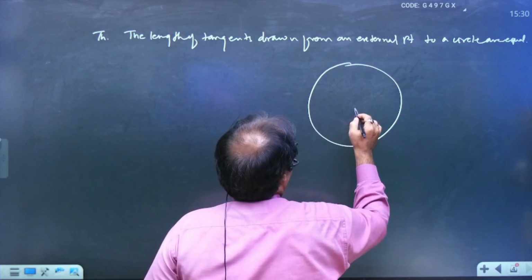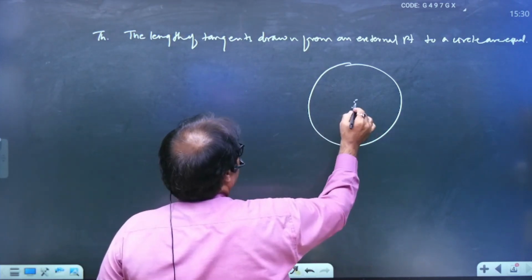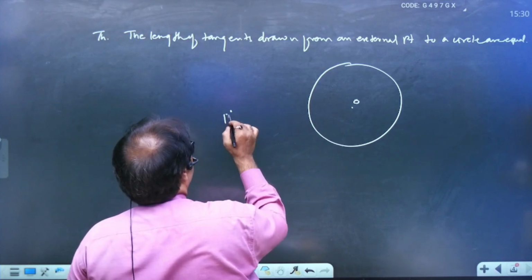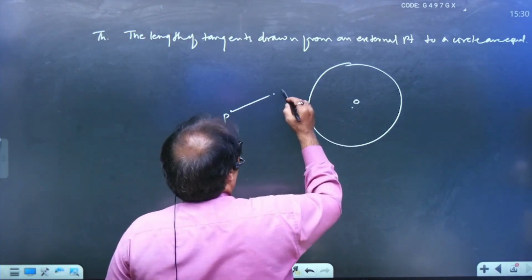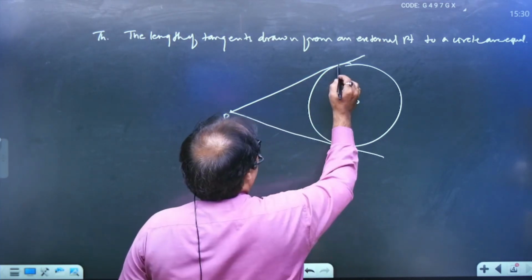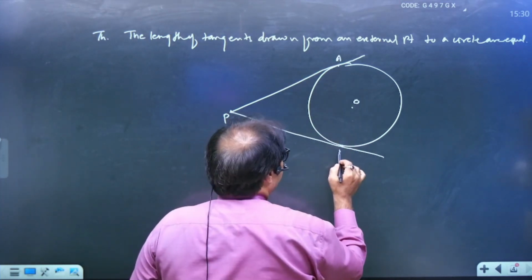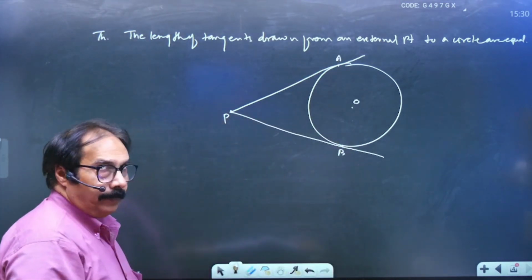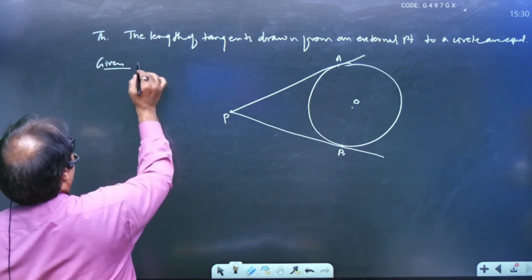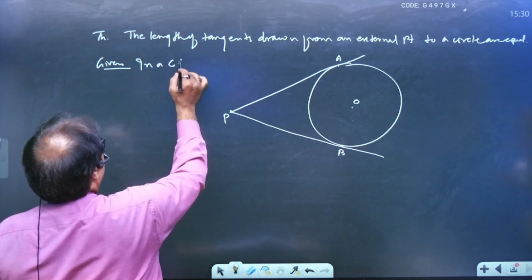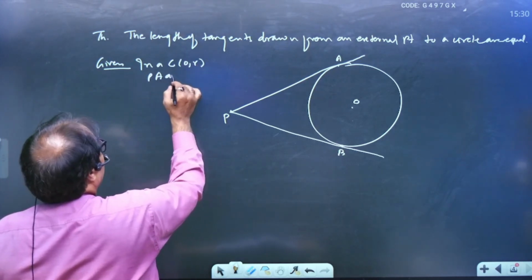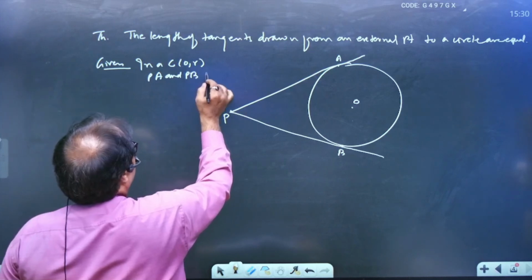First, draw the figure. In a circle with center O and radius R, suppose P is an external point and PA and PB are two tangents, and we have to prove that PA is equal to PB. First we write given: in a circle with center O and radius R, PA and PB are tangents.